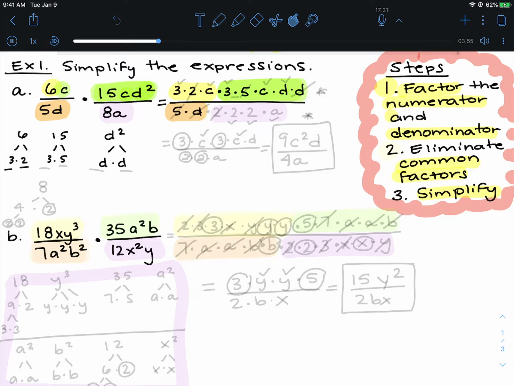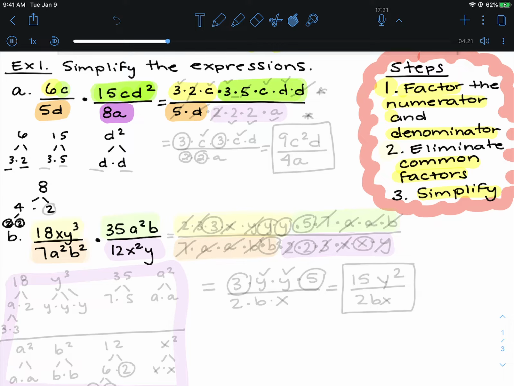Okay, now the next one, we have 8a. For 8a, the a doesn't have an exponent, but the 8 can still be simplified even further, right? So for 8, I can do 4 times 2. But the 4 can also be simplified even further. So for the 4, 2 times 2.